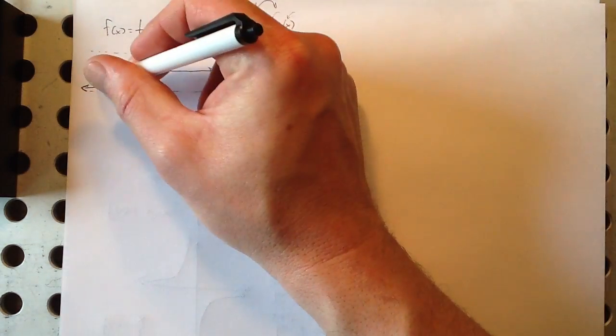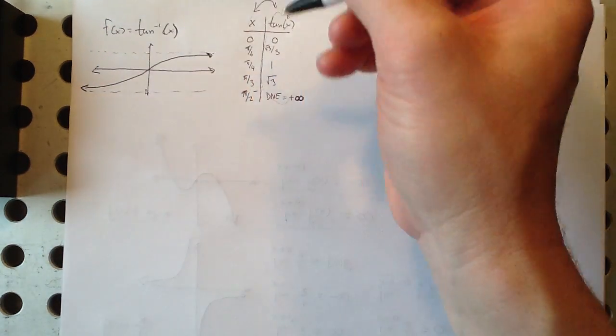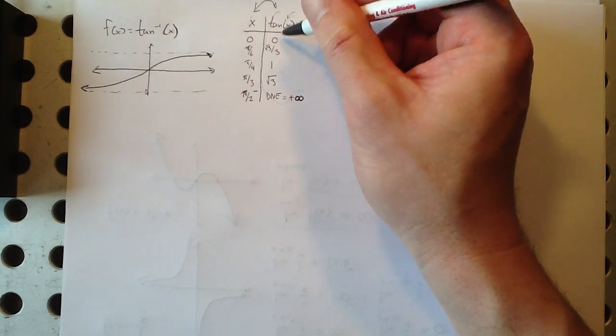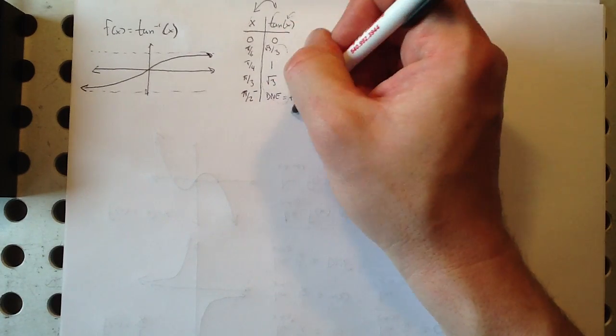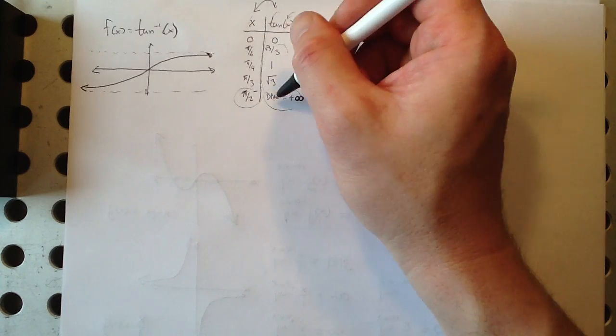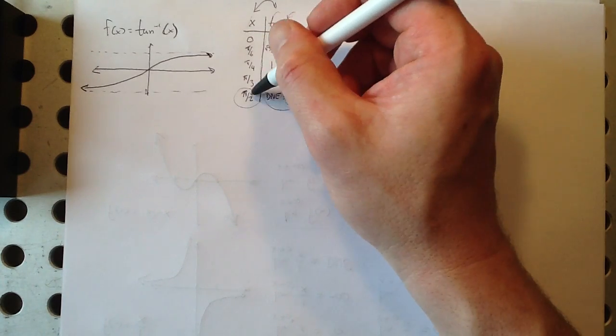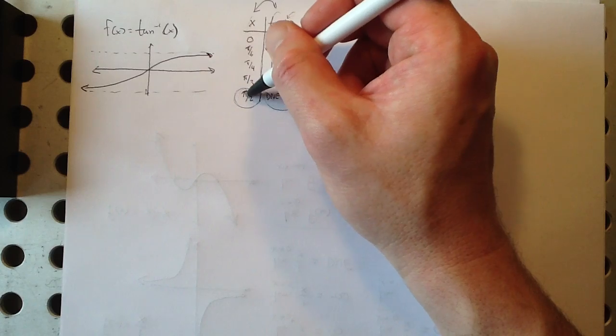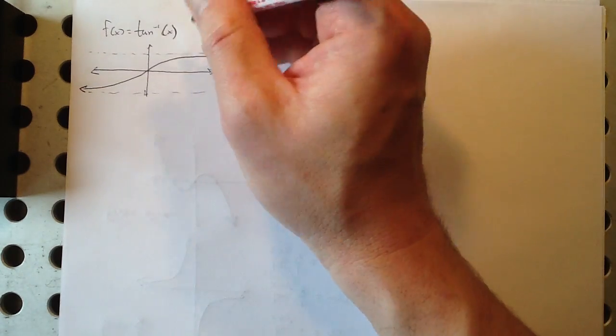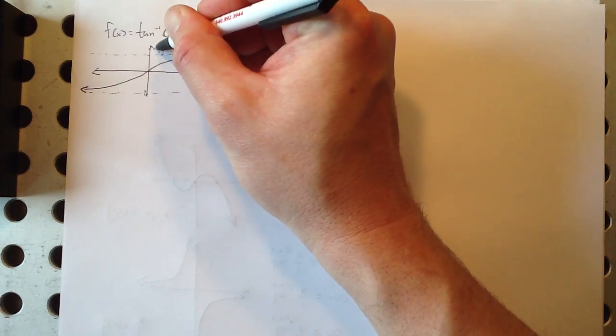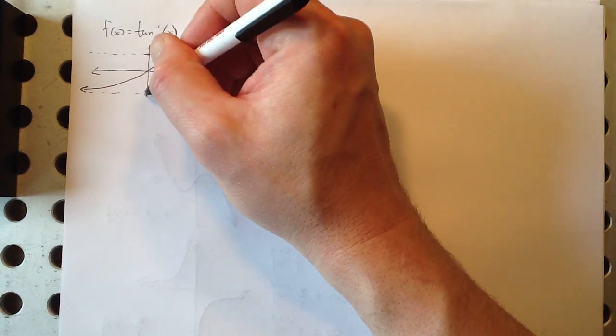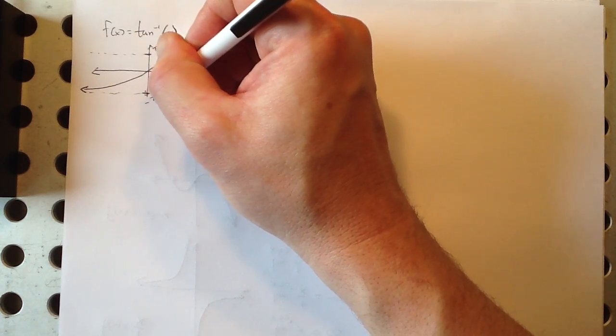Where are these horizontal asymptotes? Well, it looks like as if we switch the x and the y here, if we make these the x's and these the y's, it looks like as x goes to positive infinity, the y values get closer and closer to pi over 2. So this is at pi over 2, and this is at negative pi over 2.